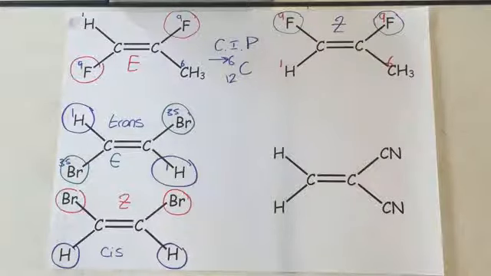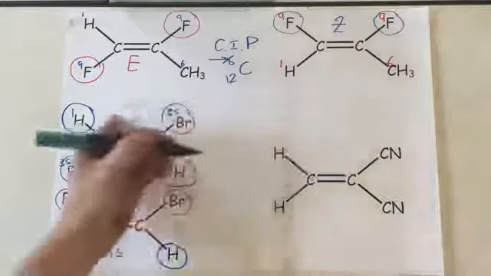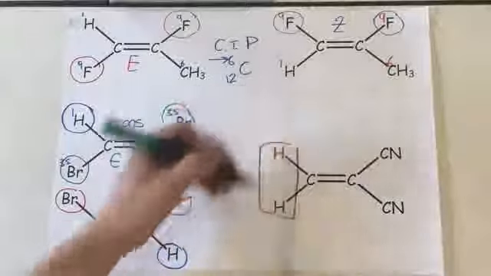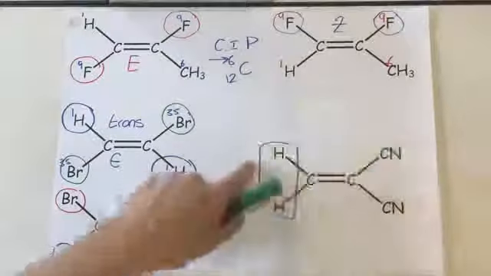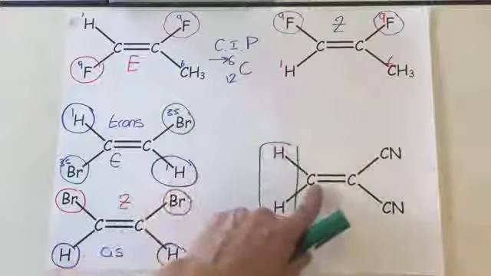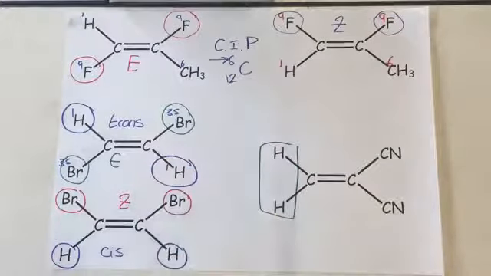So how does something not show cis-trans or EZ? Well, we've got an example on the right-hand side, just over here. And if we look at this carbon, it is bonded to two of the same atom. So whilst it does have two hydrogens throughout this, because the hydrogens are both on the same carbon, it cannot show cis-trans.